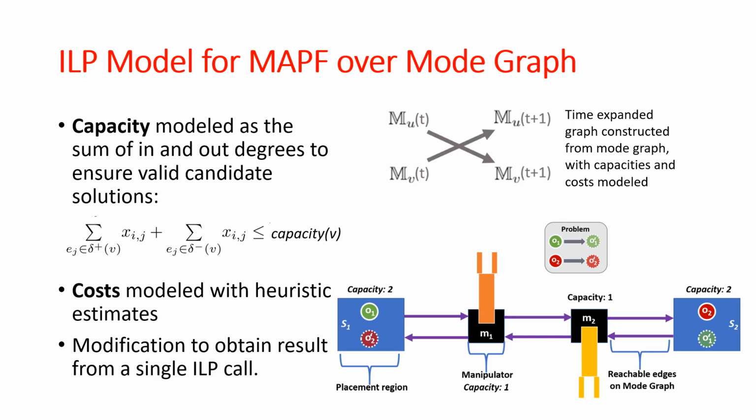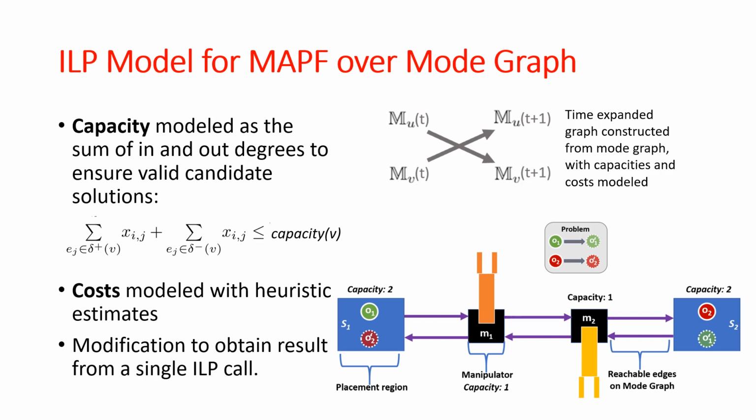And we add, for the purposes of our work, an additional constraint to the model to encode the capacities, because the capacity is what is going to make sure that certain nodes can allow multiple objects or agents to occupy that node at different steps of time.